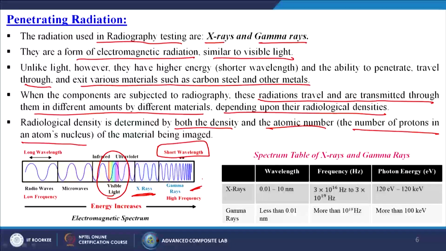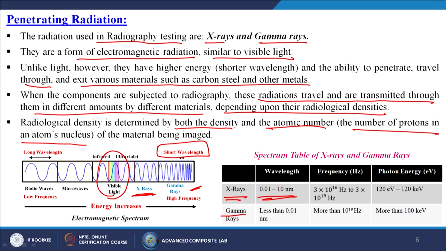Now, in the spectrum table, for X-rays the wavelength is generally 0.01 to 10 nanometers, the frequency is 3 times 10 to the power 16 hertz to 3 times 10 to the power 19 hertz, and the photon energy is 120 electron volts to 120 kilo electron volts.